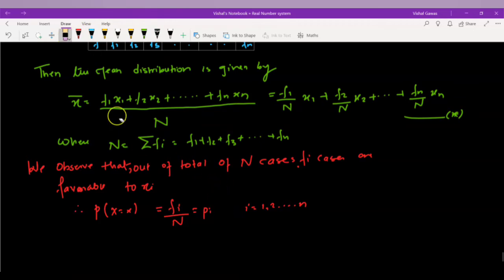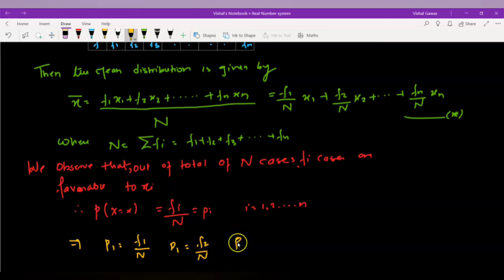So what do we get? This would imply that p1 is equal to f1 over n, p2 is equal to f2 over n, p3 is equal to f3 over n, right? So on, pn is equal to fn over n.